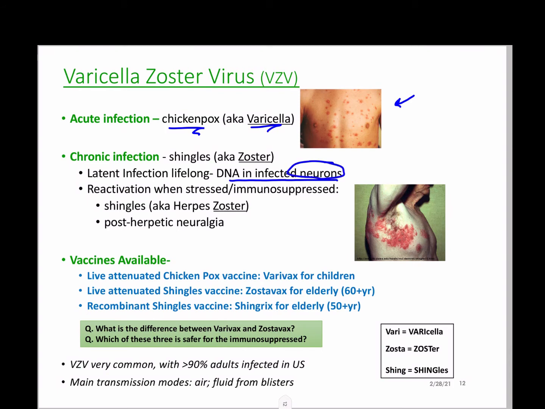So just as we saw with herpes simplex virus, then when someone's immunosuppressed, their cells may allow replication of the virus, and like the herpes simplex virus, it's going to come back down the axon of those neurons and erupt where the axons terminate. Now, herpes simplex virus was infecting the mucous membranes, so it was infecting the neurons that were innervating the mucous membranes.